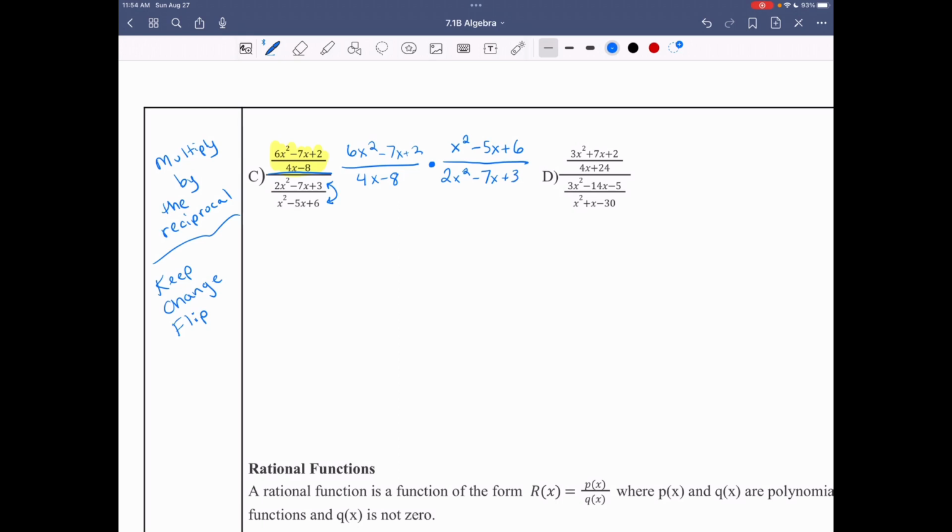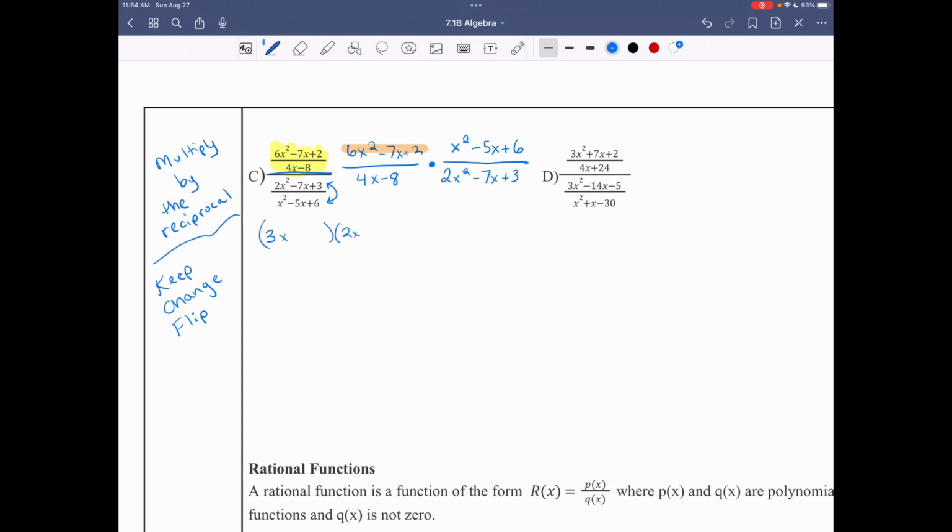Now I hope we're good at factoring because that's what we have to do next. I know some people like the guess and check, so I'm going to show that for the 6x squared minus 7x plus 2. So how will that factor? I need to make 6x squared, so I'm going to try 3x and 2x.